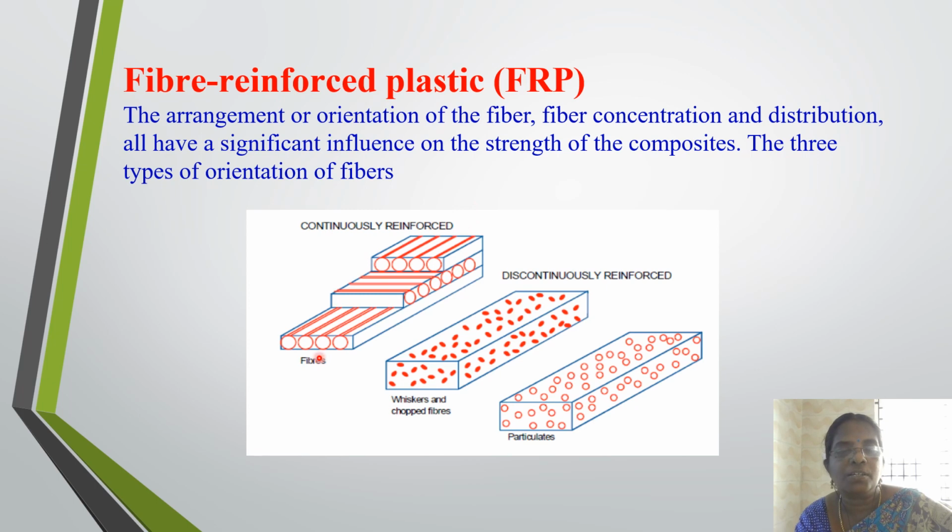So we may have continuous FRP fibers, which can be multi-directional, vertical and horizontal. It can be discontinuous or chopped fibers, and also particulate. Particulate is just like concrete, where we use gravel as particulate. These are the phases which give strength to the polymers.